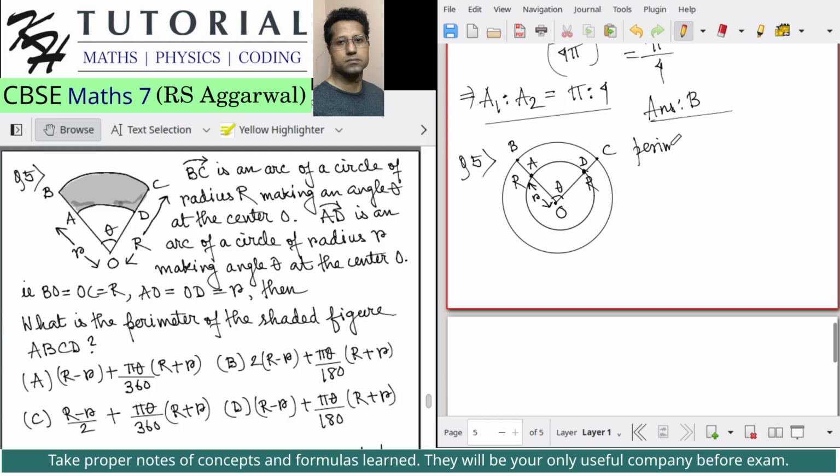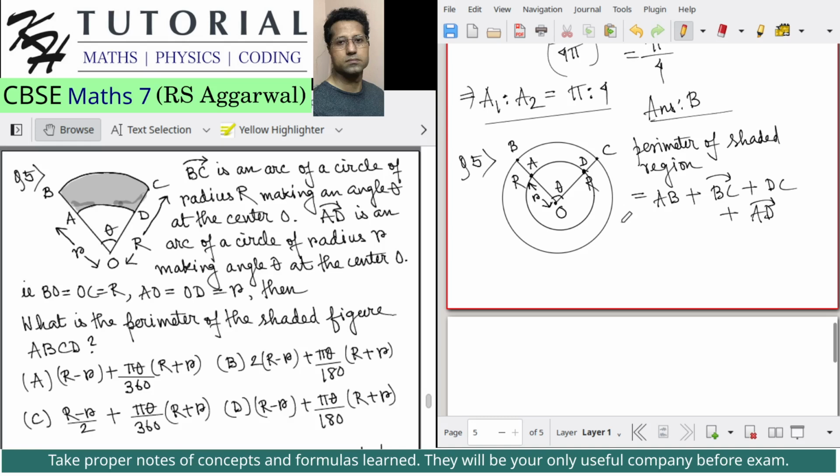Perimeter of shaded region or figure is equal to AB plus the arc BC, plus DC, plus the arc AD. AB and DC are line segments, and BC and AD are arcs.